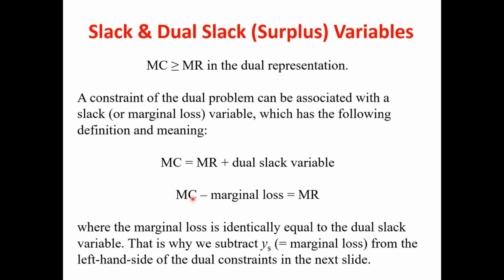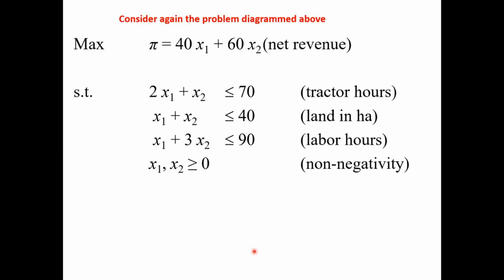Or we can write that differently. Marginal cost minus marginal loss is equal to the marginal revenue, where the marginal loss is identically equal to the dual slack variable. That is why we subtract ys, the marginal loss, from the left-hand side of the dual constraints in the next diagram.